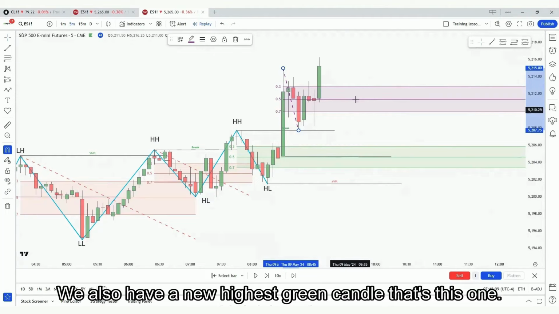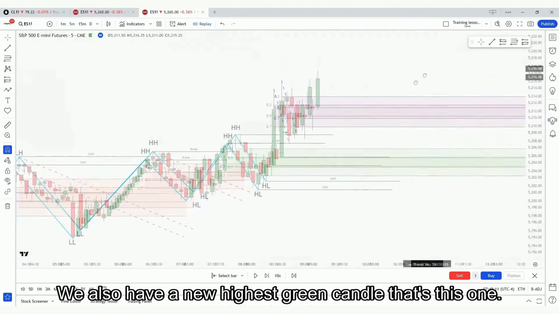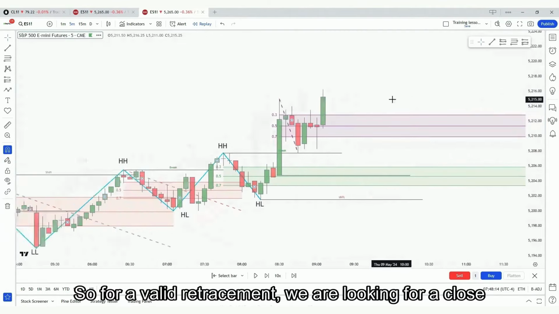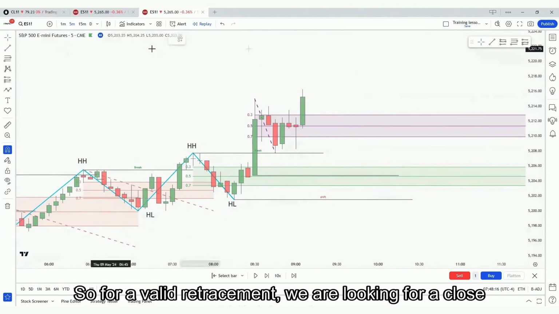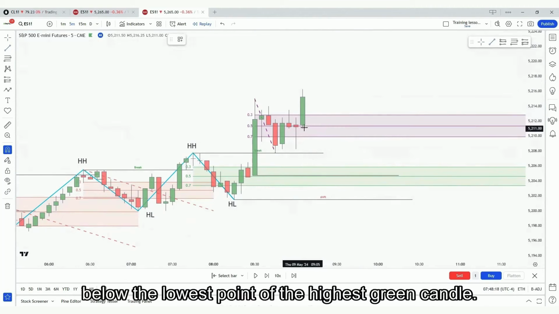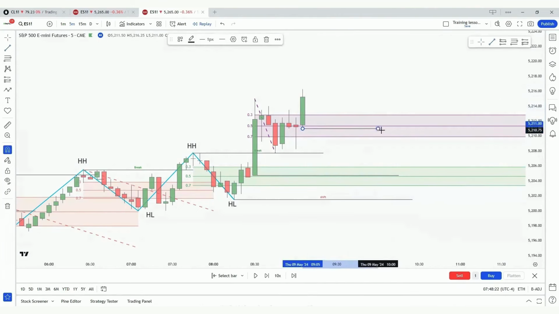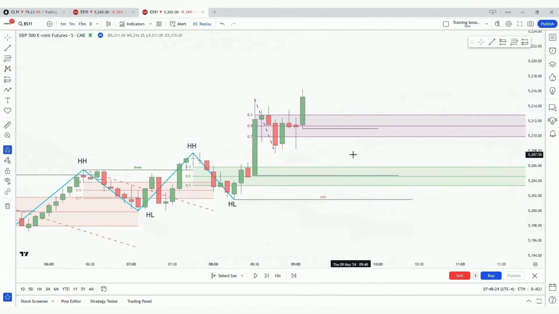We also have a new highest green candle. That's this one. So for a valid retracement, we are looking for a close below the lowest point of the highest green candle. So that's over here. I will remove this line.